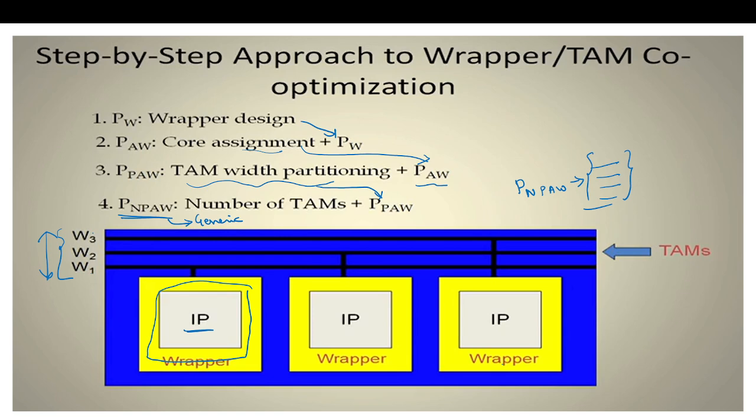We have an IP core. Surrounding this, we have boundary scan cells forming a wrapper boundary scan chain, and this chain along with the multiplexer and everything we call the wrapper, and we have a TAM, the test access mechanism.